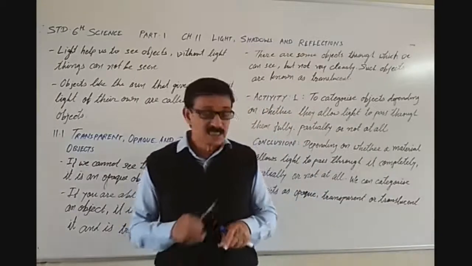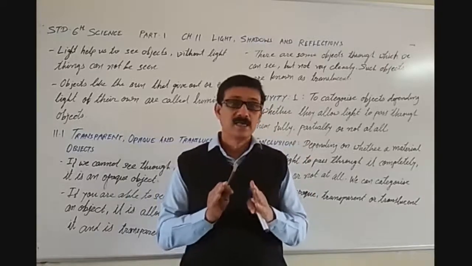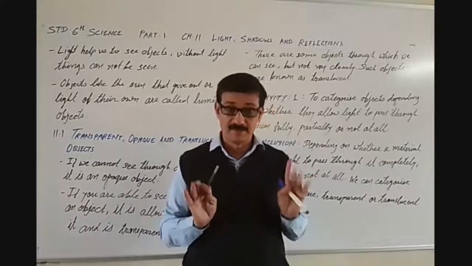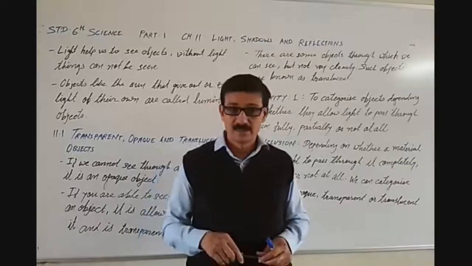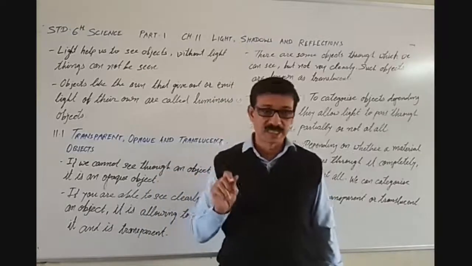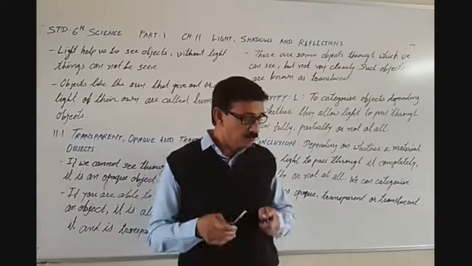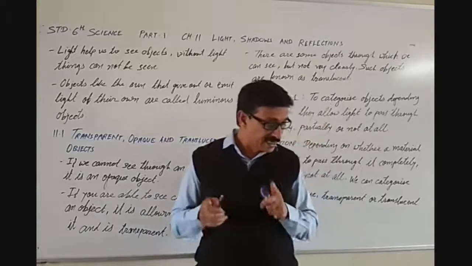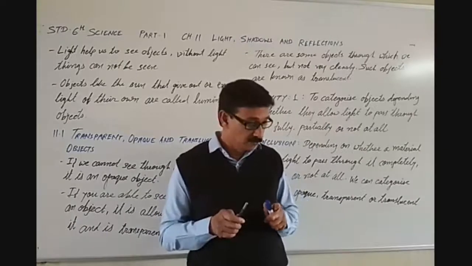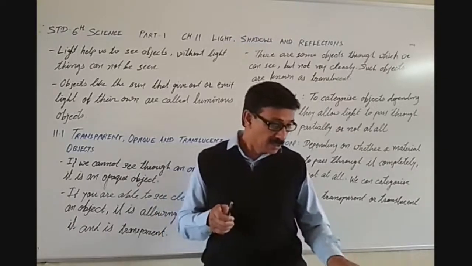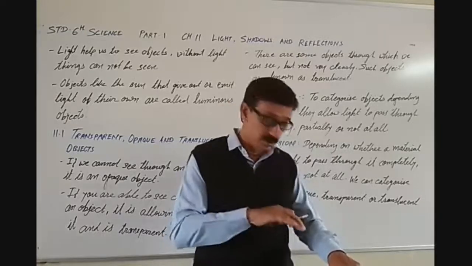Without light, things cannot be seen. So we come to know that without light, things cannot be seen. First of all, light helps us to see the object. That's what we come to know. Let's go further. The torch and the bulb are objects that give out light of their own.